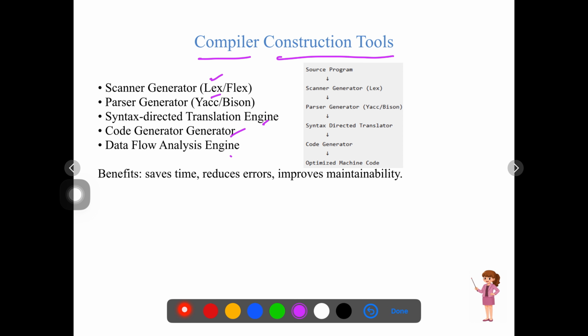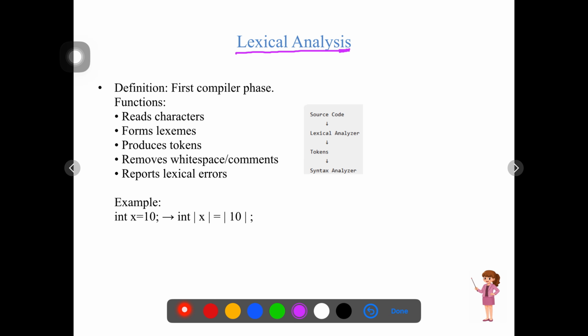next slide. Lexical analysis. It is the first phase of the compiler. It reads the source program character by character and groups them into meaningful units called tokens. It involves functions like reading the characters, forming the lexemes, producing the tokens, removing the white space and comments, and reporting the lexical errors.